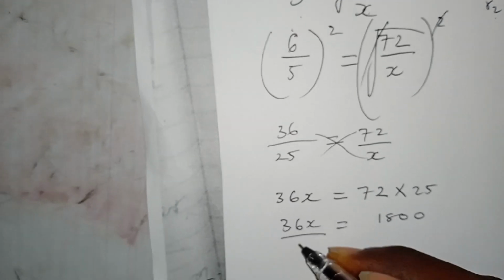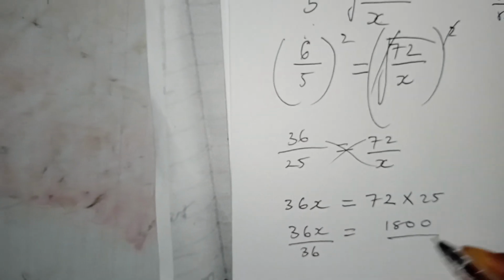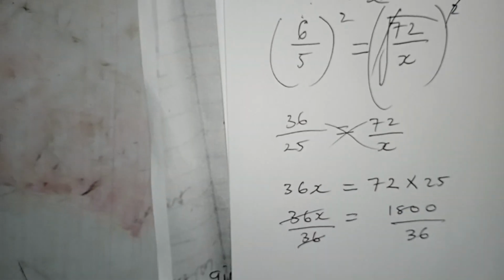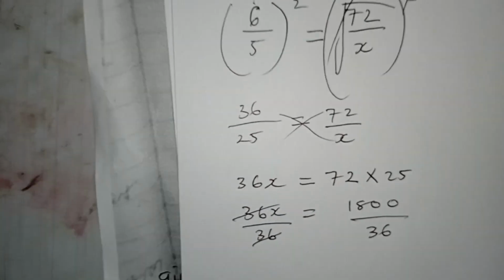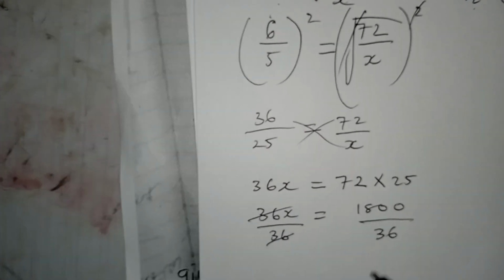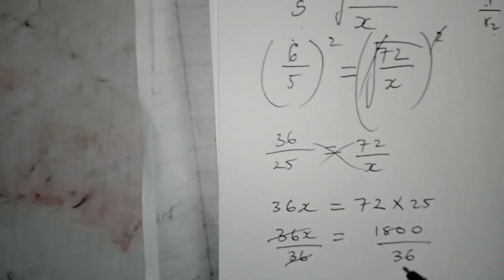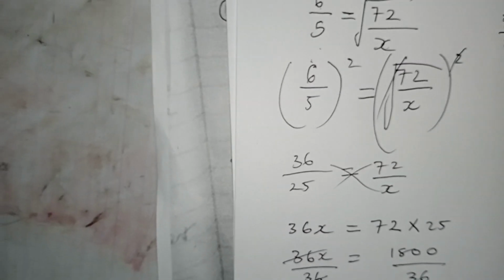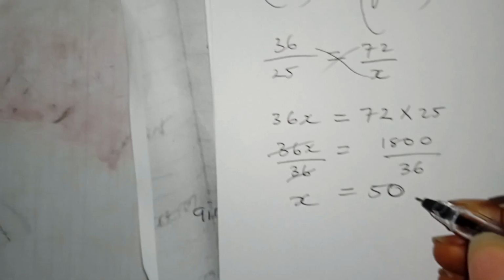Trying to make x the subject of the formula means we divide both sides by the coefficient of x, which is 36. If we divide both sides by 36, we now have 50. So x is 50.